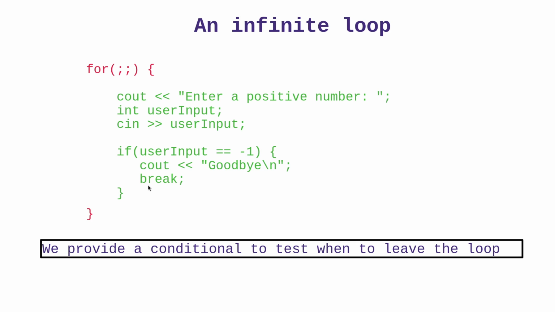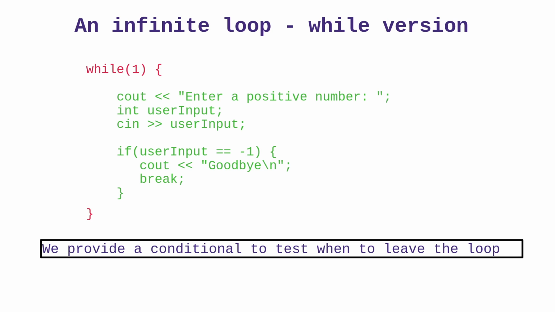What this break does is terminate this for loop, so it leaves the for loop. That's how we exit from an infinite loop, by using the break keyword.